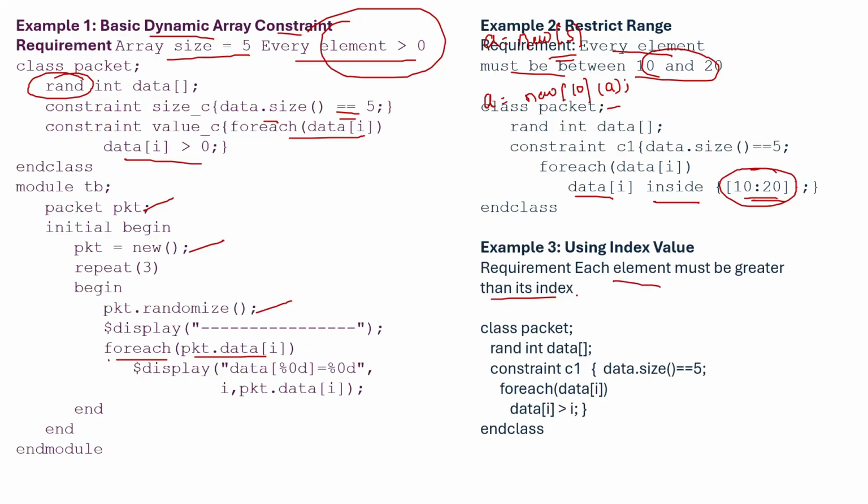If index value 10 you are considering, your data should be 25 or 12, any value. So that is the reason data of I greater than I am considering. So data of I means your data value, and then I is the index value.